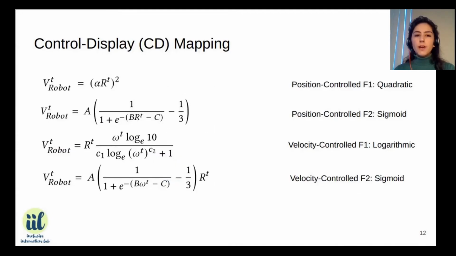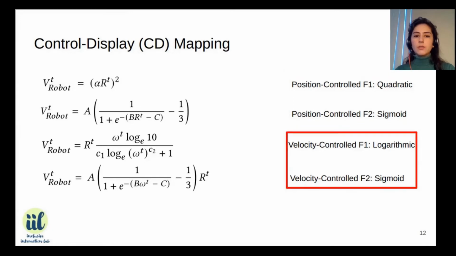We needed to find a method for mapping the displacement of the mobile phone to robot movements. We investigated two position and two velocity controlled functions. The position controlled method increases the robot's speed only by tilting the phone farther, while the velocity controlled method also considers the tilt speed of the phone.